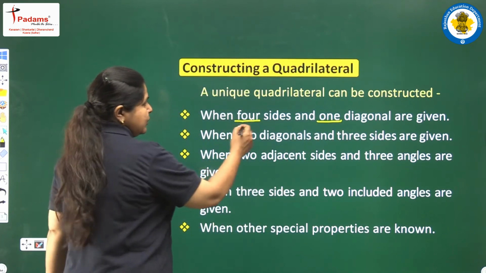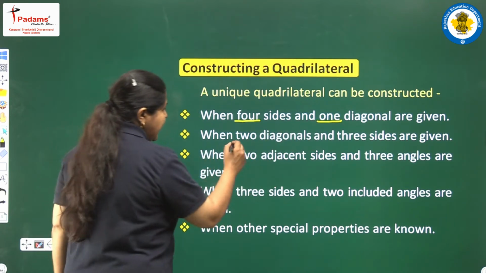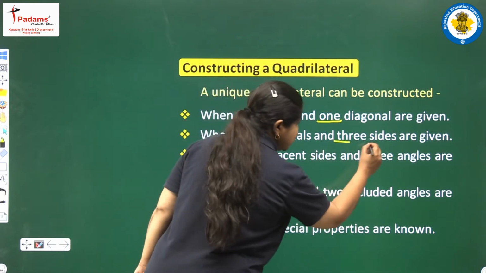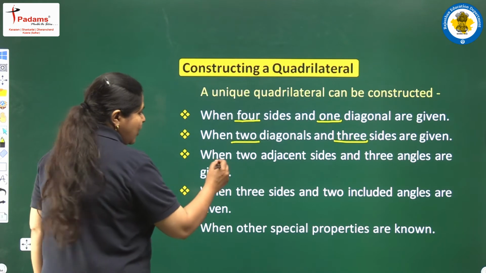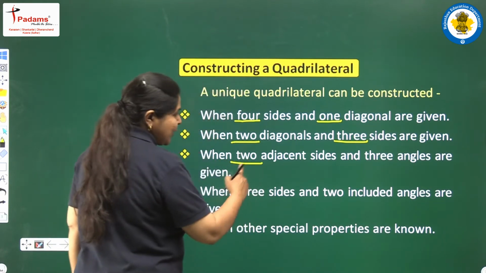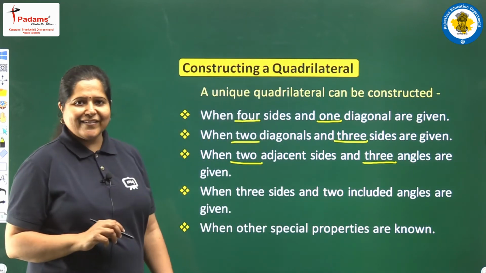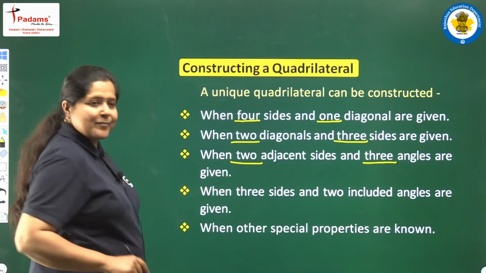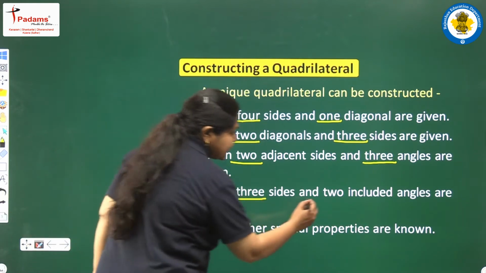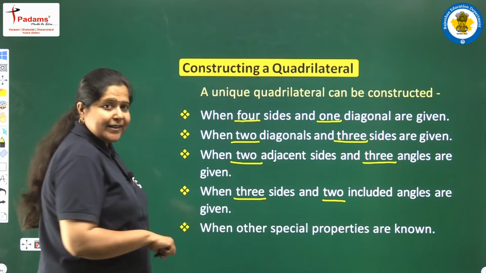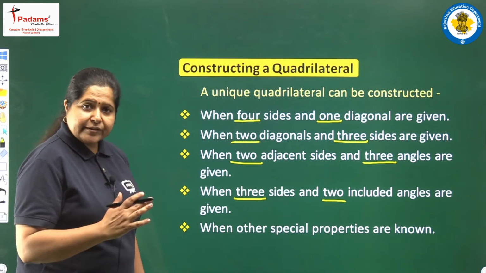So, in all we will be having 5 measurements, or when we have 2 diagonals and 3 sides given, again we will be having 5 measurements, or when 2 diagonals or 2 adjacent sides and 3 angles are given, again we will be having 5 measurements, or when 3 sides and 2 included angles are given, again 5 measurements will be given to get a unique quadrilateral.